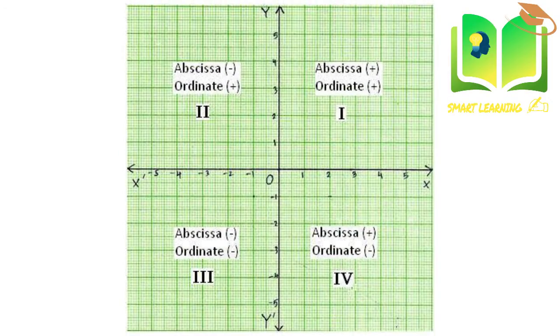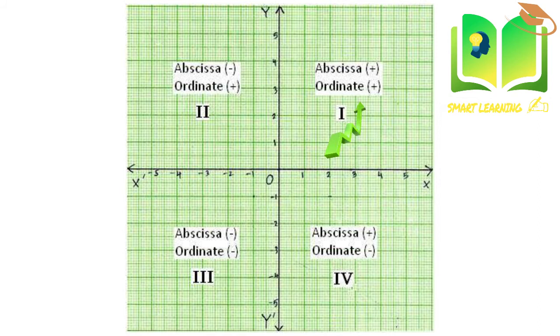You observe that the axes divide the plane into four parts. These four parts are called quadrants, numbered 1, 2, 3 and 4 anti-clockwise from OX. So from this figure we can say that there are four quadrants, that is first quadrant, second quadrant, third quadrant and fourth quadrant.